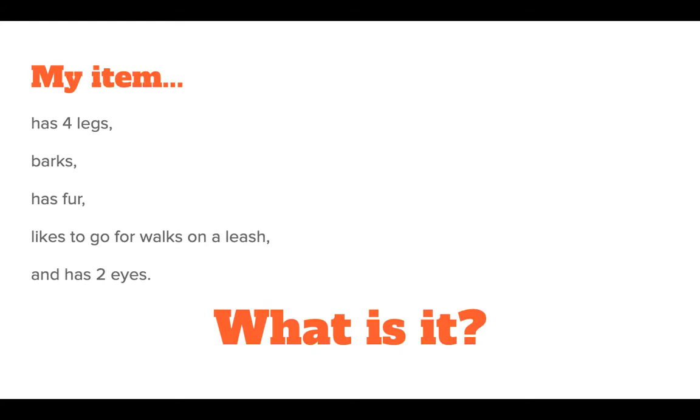Okay, my item has 4 legs. It barks, has fur, likes to go for walks on a leash, and has 2 eyes. Uh-oh, there's 2 things on this list that aren't very specific to my item. Can you guess which ones they are? Which ones don't really help you know what I'm talking about?